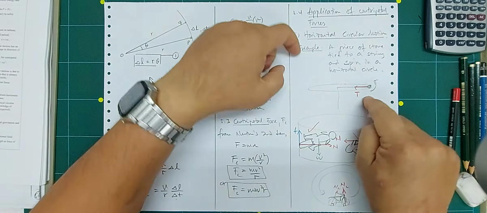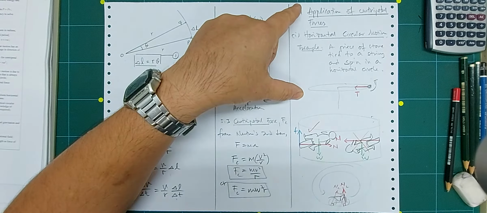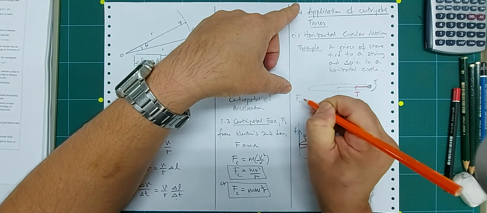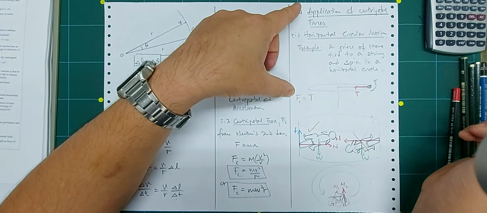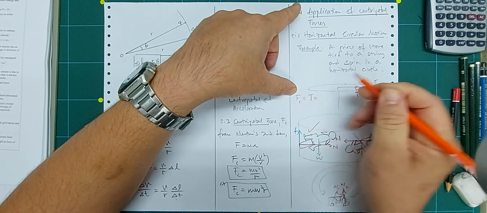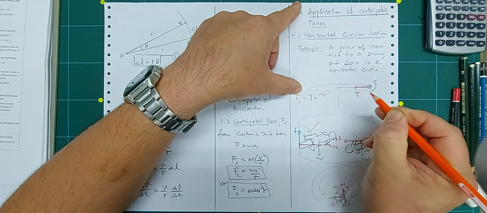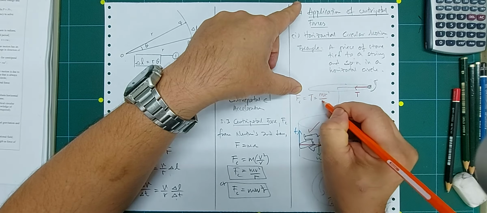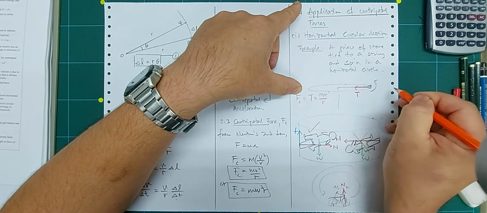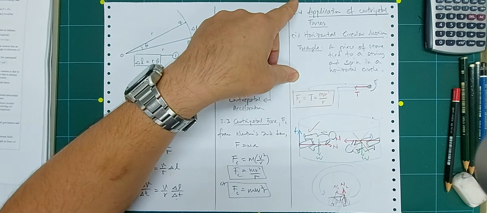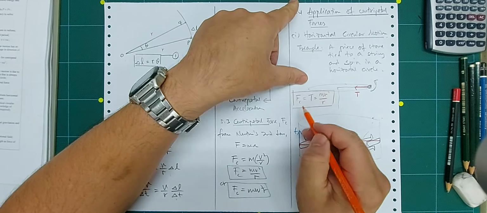In this case, the centripetal force is equal to the tension in the rope, which is equal to the mass of the stone multiplied by how fast you're rotating the stone squared, divided by the length of the string here. This one is everywhere the same. But of course, the direction is different.